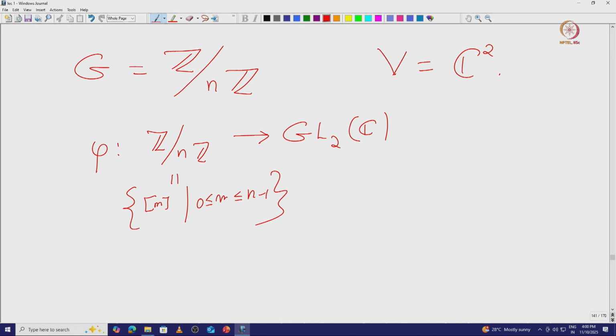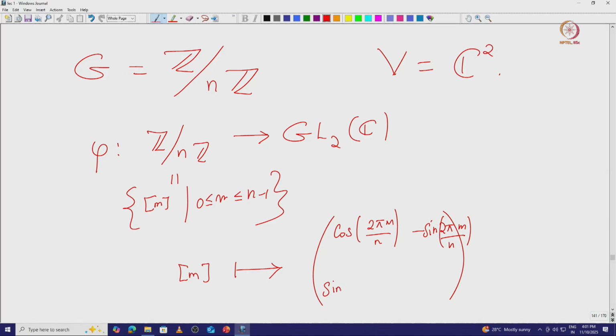Now, given this m, we simply map this class m modulo n to this 2 by 2 matrix, which is given by cosine 2 pi m by n, minus sine 2 pi m by n, and similarly here sine 2 pi m by n and then cosine 2 pi m by n.